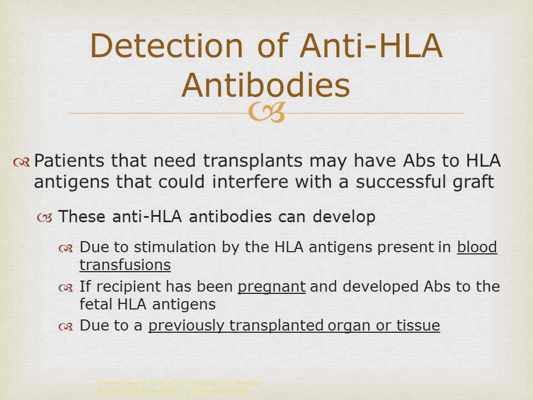Could be the patient has been pregnant and developed antibodies to fetal HLA antigens, or the person could have previously been the recipient of a transplanted organ or tissue. So obviously, once they've formed particular anti-HLA antibodies, we cannot give them the corresponding HLA antigen again, or the graft will be a no-go.